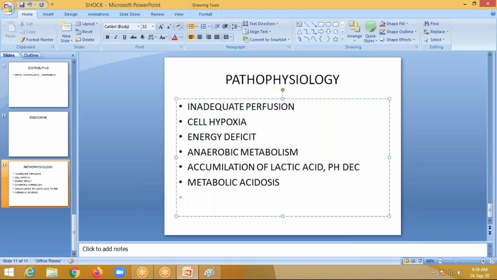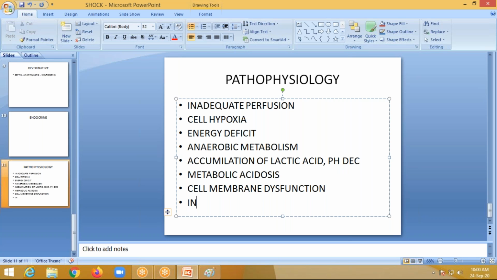This metabolic acidosis leads to cell membrane dysfunction and sodium pump failure, which leads to release of intracellular lysosomes.